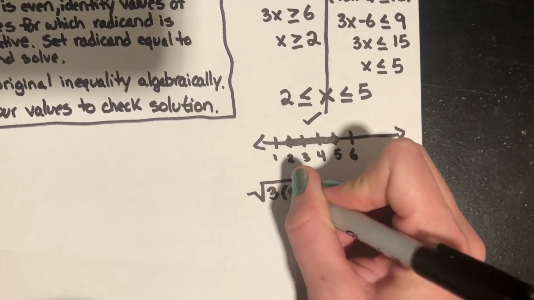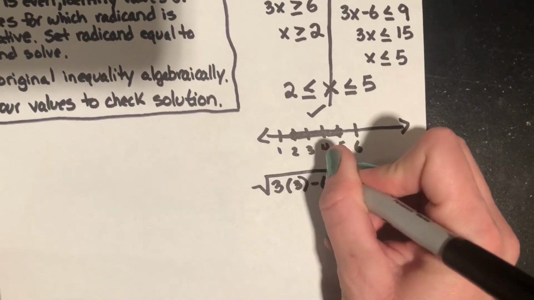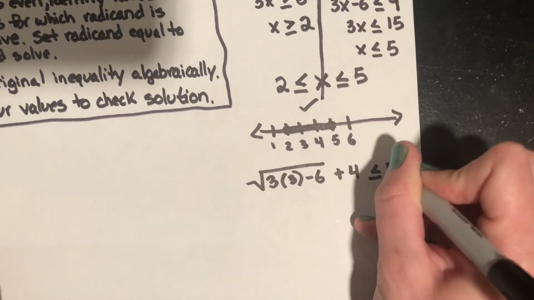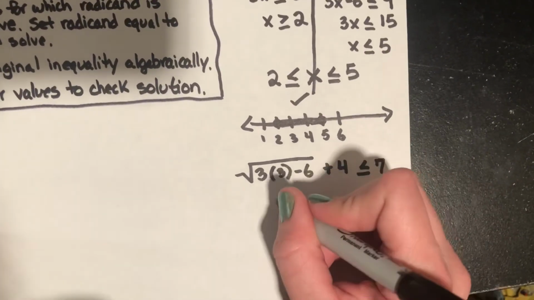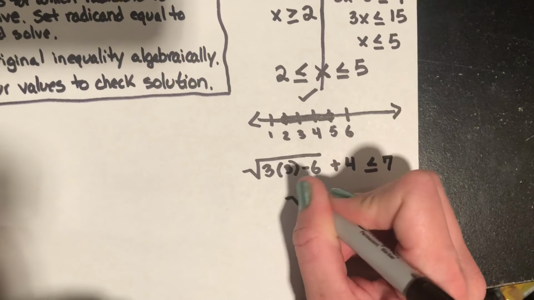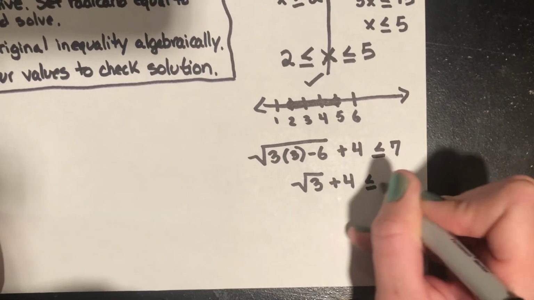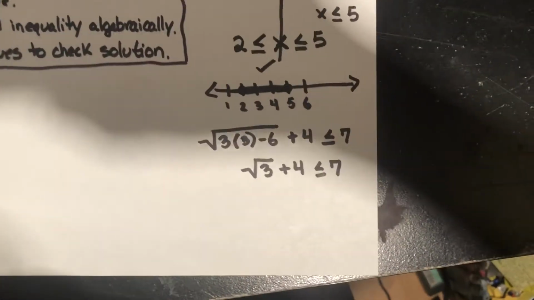So root of 3 times 3 minus 6, plus 4, should be less than or equal to 7. Well, 3 times 3 is 9, and 9 minus 6 is root 3. So root 3 plus 4 should be less than or equal to 7.